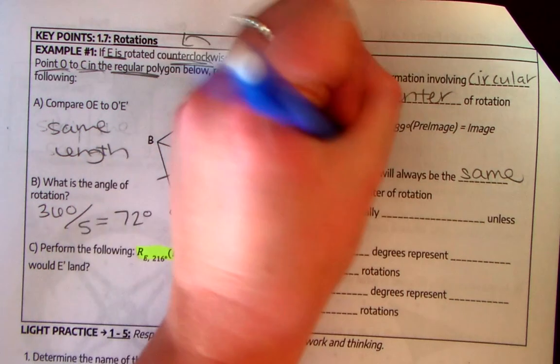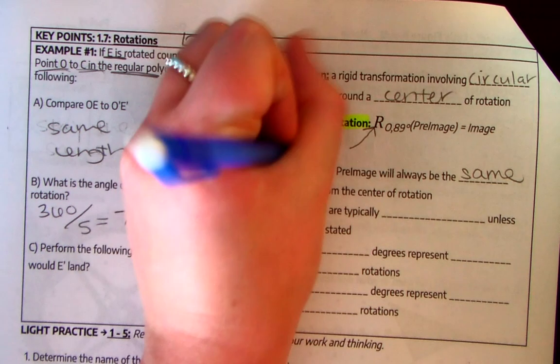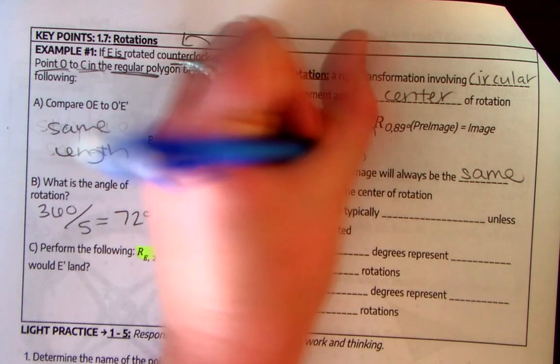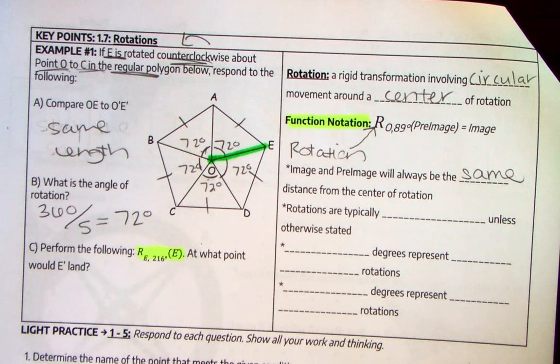So first we use a capital R. You might remember for reflection, we used a lowercase r. A capital R stands for rotation.